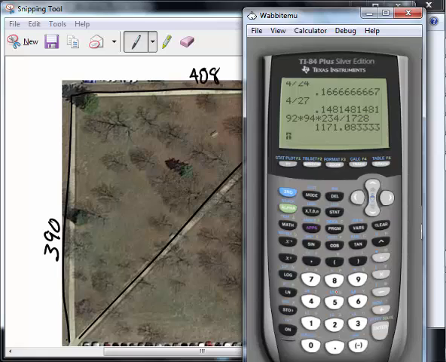Square root key, parentheses, because we're going to have to take 390 squared plus 408 squared, close parentheses, is 564 feet.